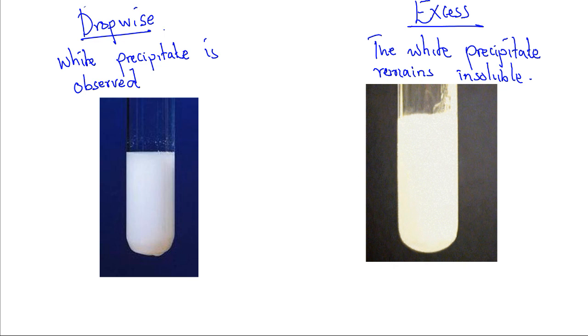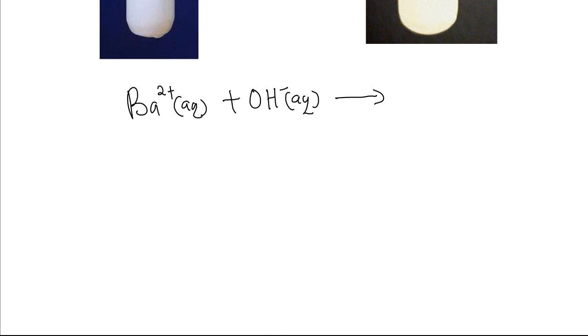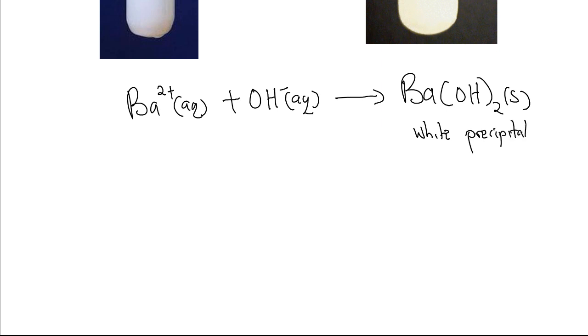Now the equation for the reaction is as follows. It is barium ion reacting with hydroxyl ion to form barium hydroxide, which is solid, and this is the white precipitate which remains insoluble.